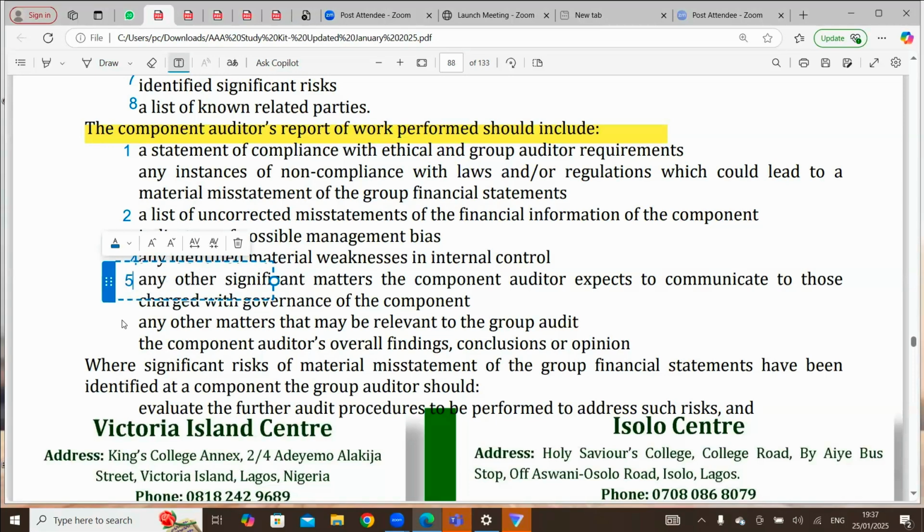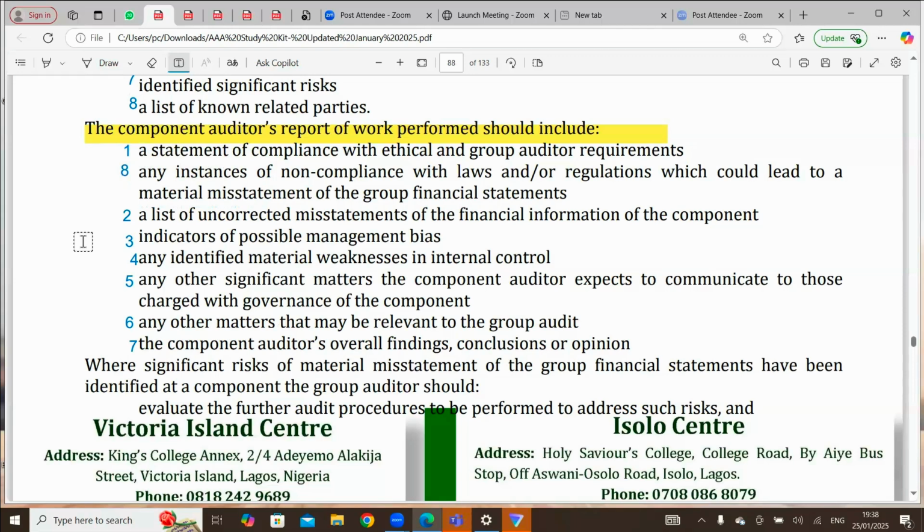Okay. So the component auditor's report of work performed should include: one, a statement of compliance with ethical and group auditor requirements. Any instances of non-compliance with laws and/or regulations which could lead to a material misstatement of the group financial statements. A list of uncorrected misstatements of the financial information of the component.